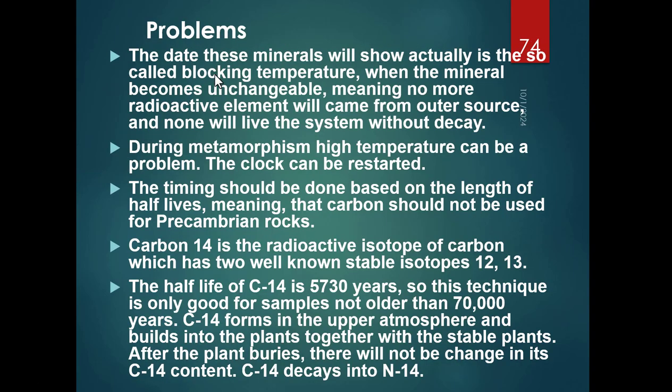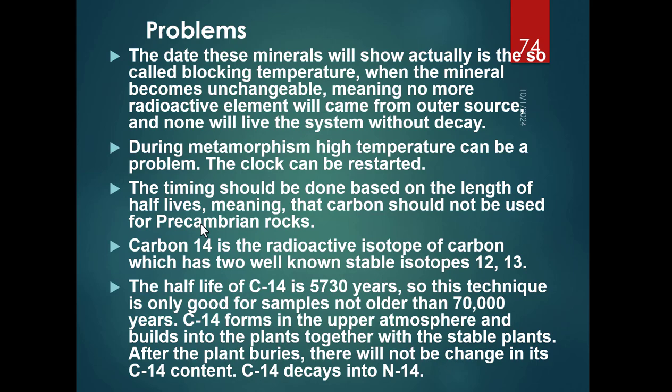Let's talk about the problems we might have with these dates. First of all, when we use igneous rocks, the date the minerals will show is actually the so-called blocking temperature. That's the time or temperature when the mineral becomes unchangeable, which means no more radioactive element will come from an outer source and none will leave the system without decay. So that's the blocking temperature.